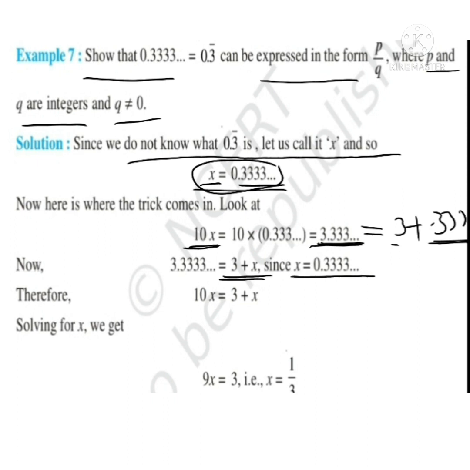Now it becomes 10x is equal to 3 plus x. When we shift x to the left hand side, it becomes 9x is equal to 3, that is, x is equal to 1 by 3. So the fractional representation of 0.3333 is x is equal to 1 by 3.